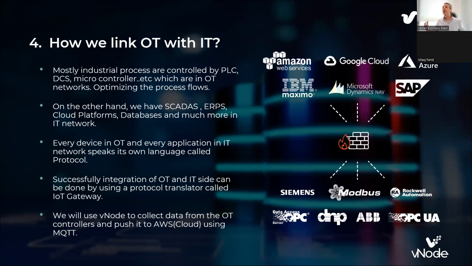There are many reasons for this, but for example, these are just some examples of clouds. Of course, we can work with Dynamics or Maximo for maintenance, or Google Cloud or Amazon Web Services, etc. All these applications in the cloud are doing some specific activity with the data coming from your devices, the data coming from the shop floor.